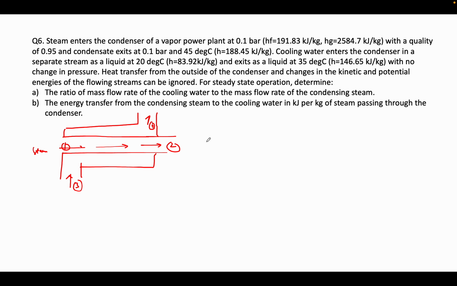So what it is telling is that steam at point 1, P1, is given as 0.1 bar. At this state hf is this one and hg is this one, and the quality of the steam is given to us, x1 is equal to 0.95. So from here we can calculate H1. What will be my H1?